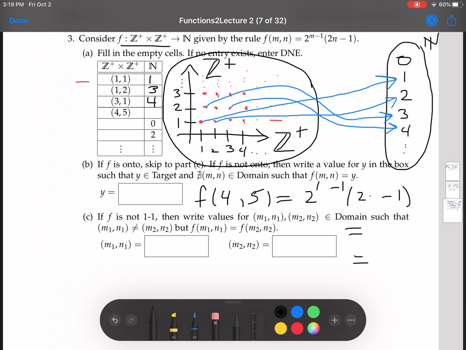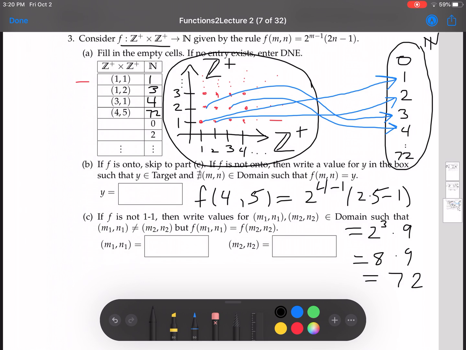So that's 2 to the 4 minus 1, 2 times 5 minus 1. 2 to the 4 minus 1, that's 2 cubed. 2 times 5 minus 1 is 9, right? So that's 9. This is 8, 9, so 72. 72.